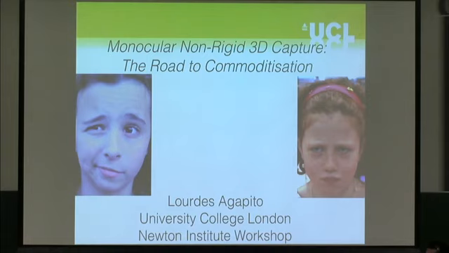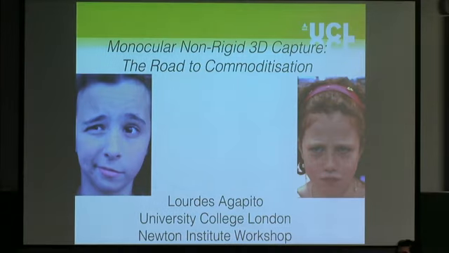But really what I'm going to try to show you today is, I've changed the title of the talk a bit to talk about this kind of road towards commoditizing the reconstruction of 3D non-rigid objects directly from either just single images or from monocular video. So video that we've taken just with a single camera.